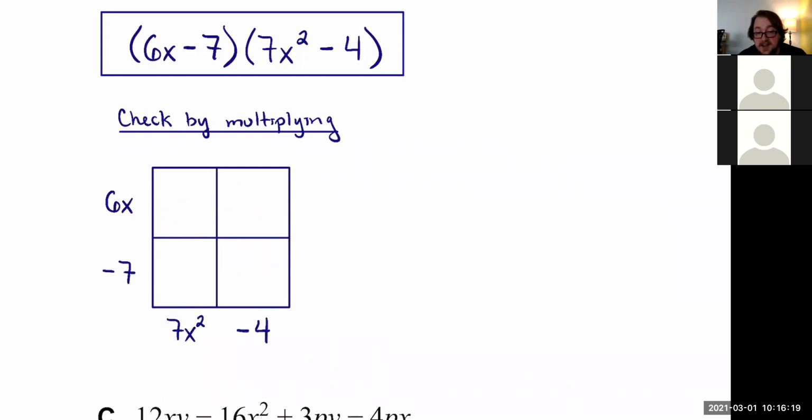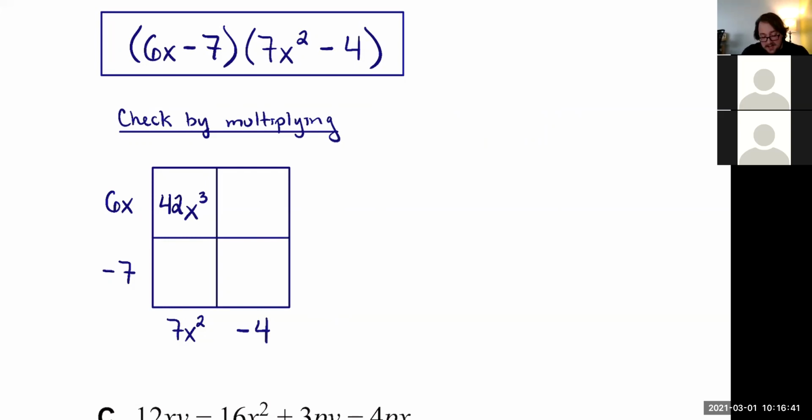Start with the easy part. 6 times 7 should give me a 42. X times x to the second, when you're multiplying common bases, you add their exponents, so you should get 42x to the power of 3.